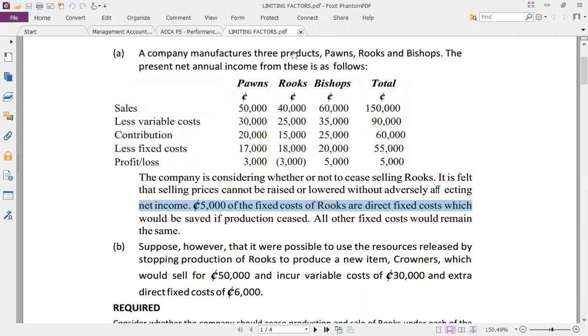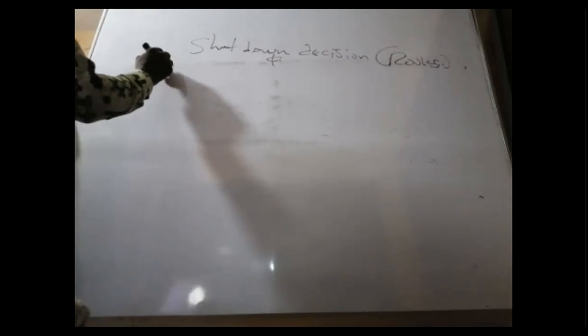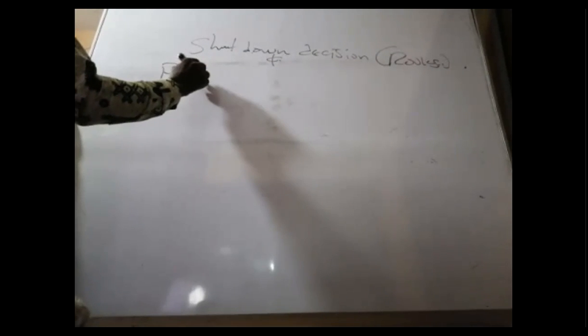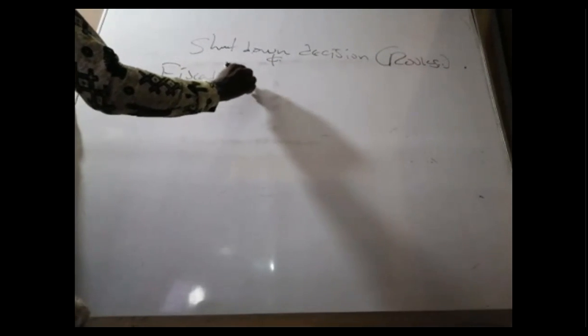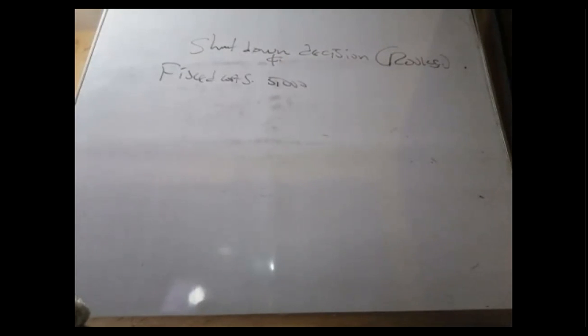So the first one is fixed cost saved, 5,000.